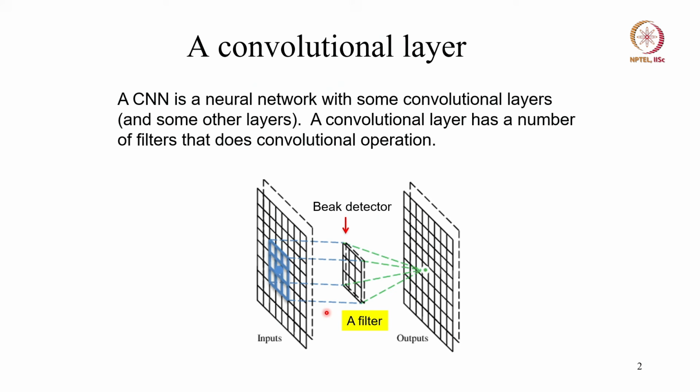moved along the input like a moving window, and whenever it is placed on the input, you take the dot product of this filter and the input, and you keep moving the filter to the right, and when you come to the end you move the filter down, and so you are going to scan the entire input in this way.